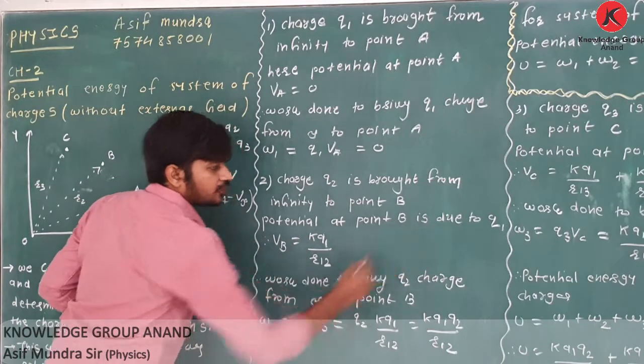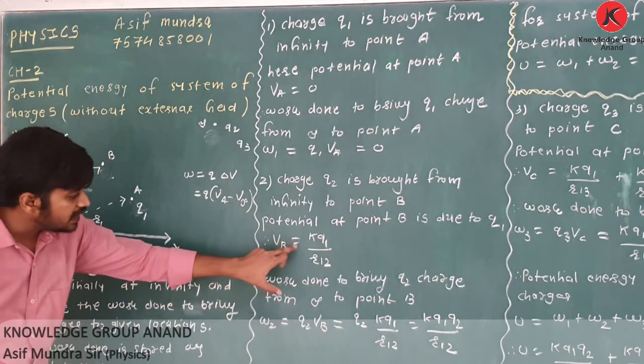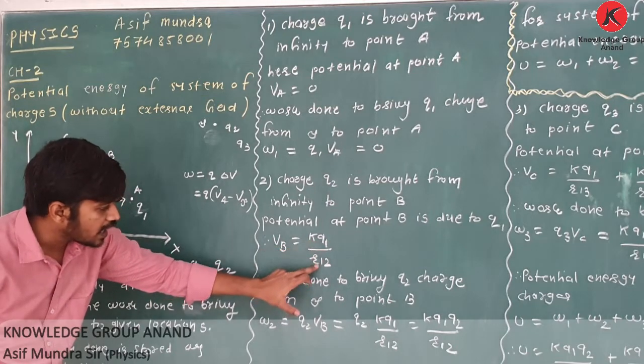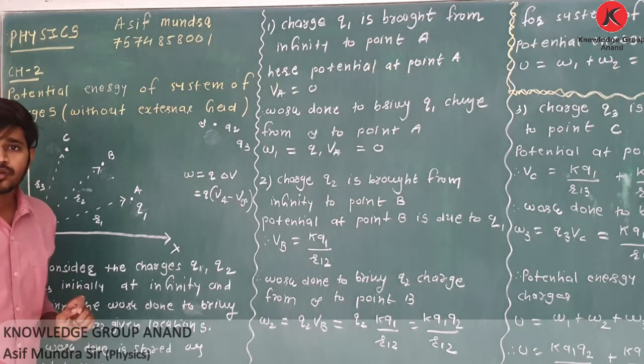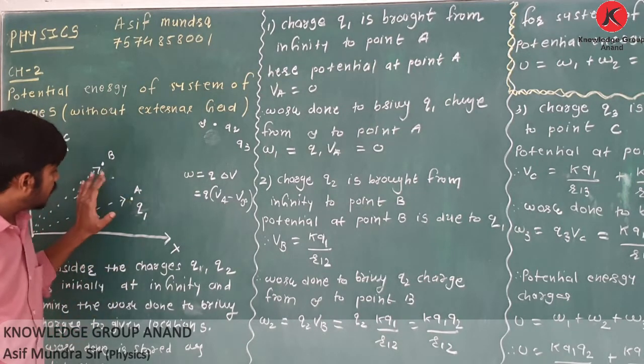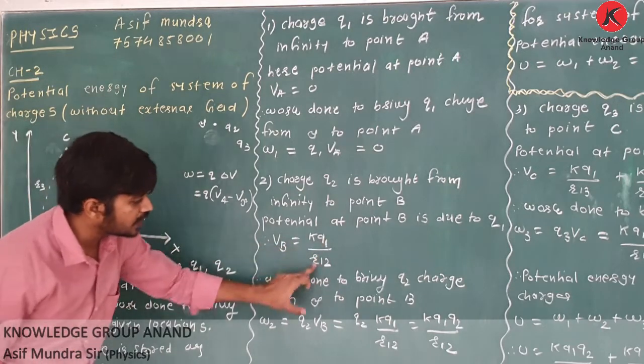The equation: VB, potential at point B, is equal to K Q1 upon R12, where R12 is the distance between 1 and 2. So at point B, potential is due to this Q1 charge. VB is equal to K Q1 upon R12.